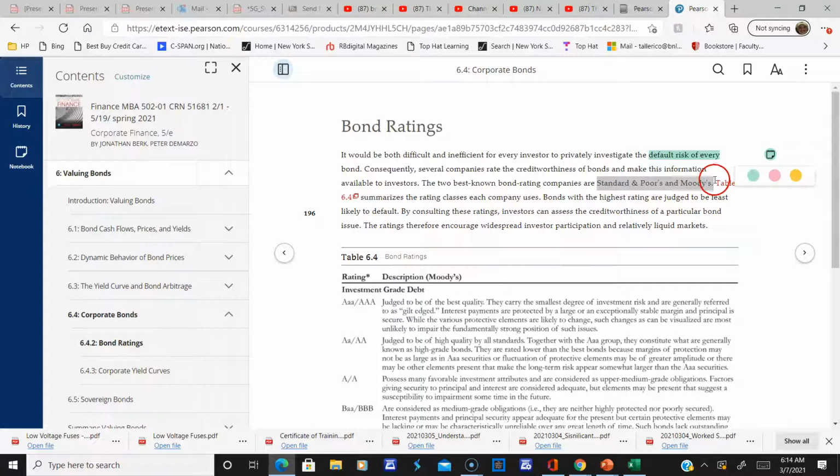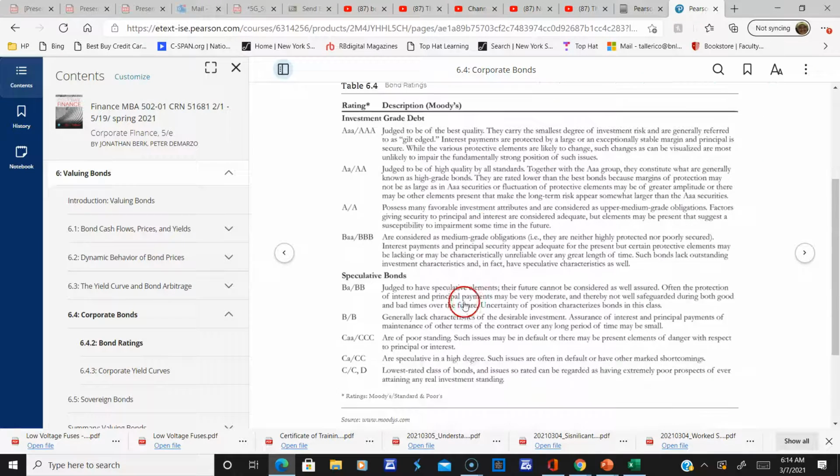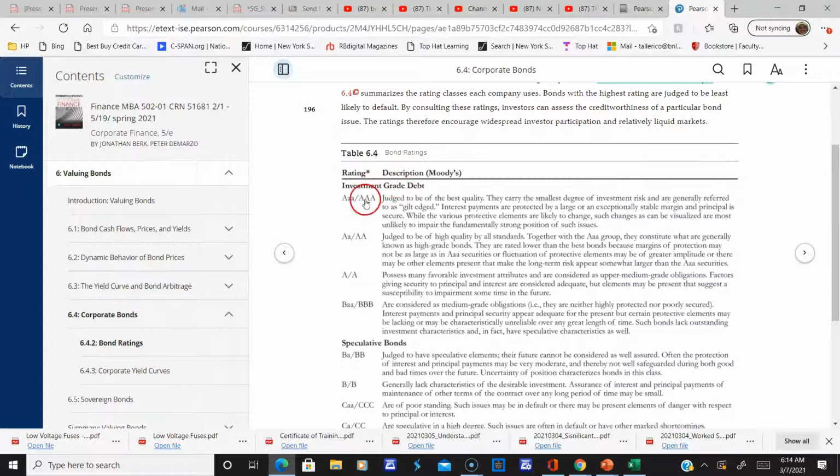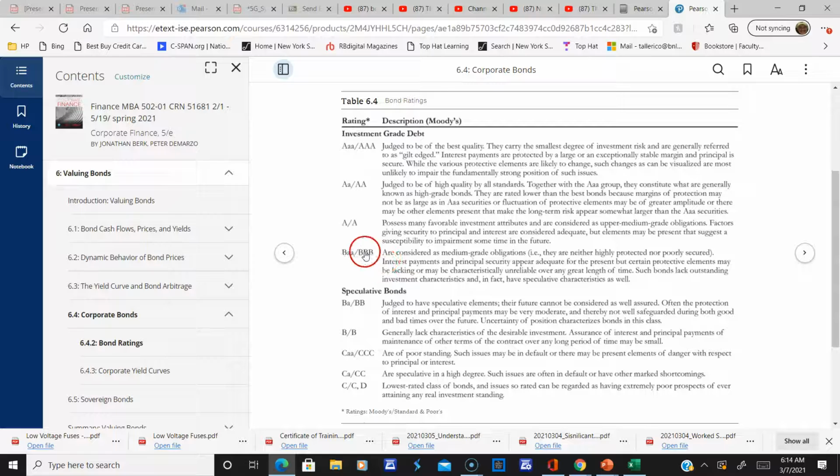So these are companies that rate bonds on their chances of default. So it summarizes the rating class. So you could kind of see this is the highest rating up here, investment grade debt. See, here's the highest ratings, right? And then you get down below BBB, you know, here for Moody's. This is Moody's scales, and this is where you start seeing junk.